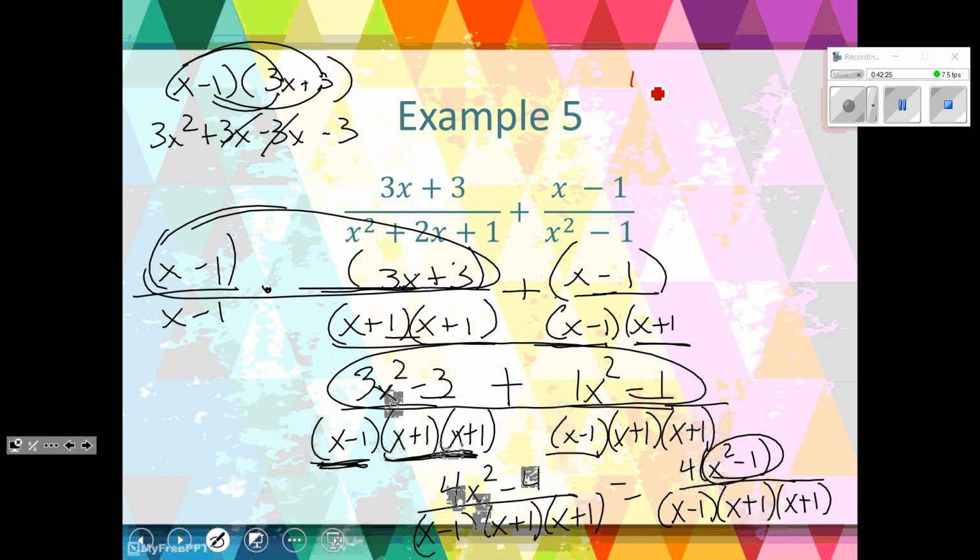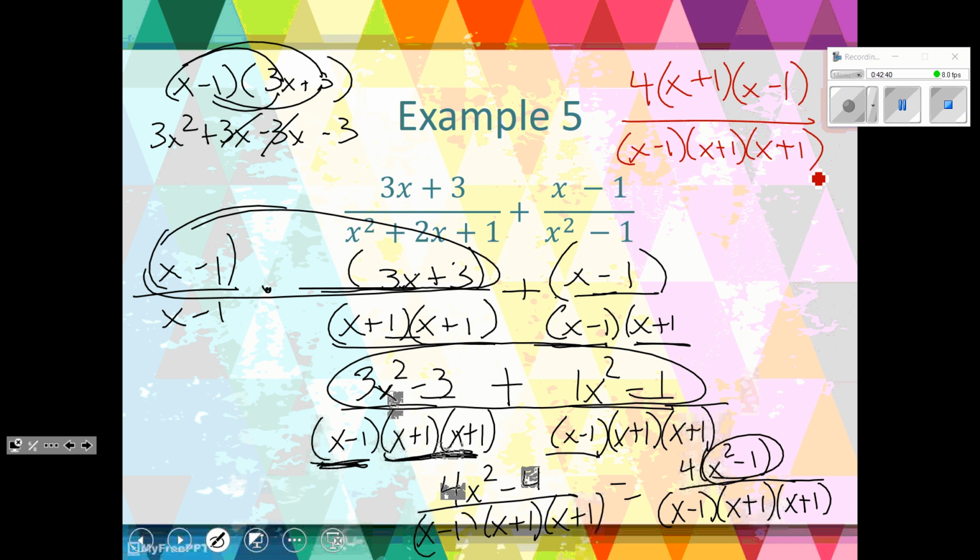When I factor that out, it's going to be x plus 1 and x minus 1 over x minus 1 times x plus 1 times x plus 1. What cancels? x minus 1, x plus 1. So what's my final answer? 4 over x plus 1.